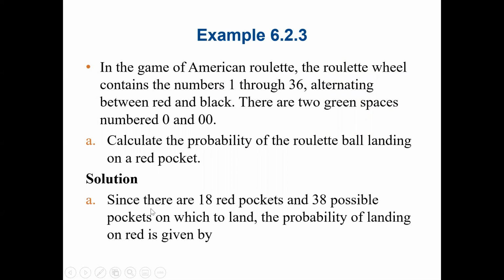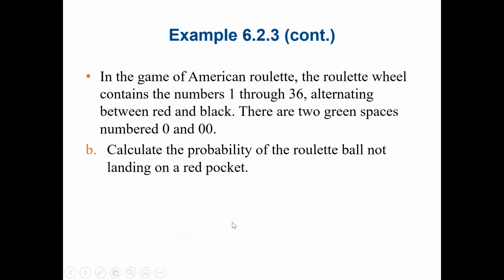So the solution will be, since we have 18 red pockets and 38 possible pockets on which to land, the probability of landing on red is 18 divided by 38, which will give us point something.